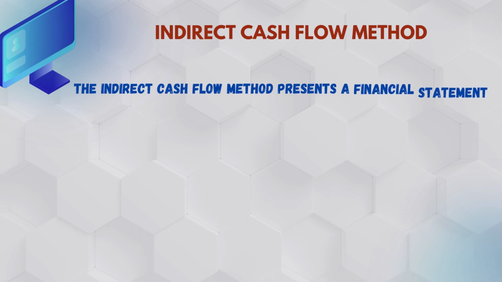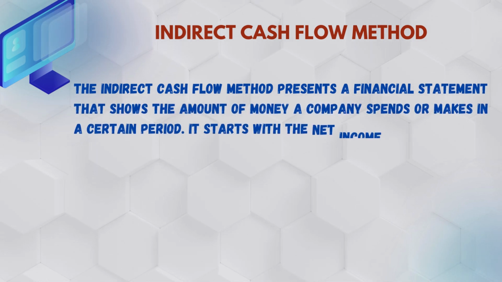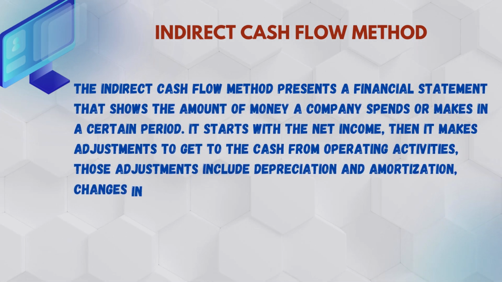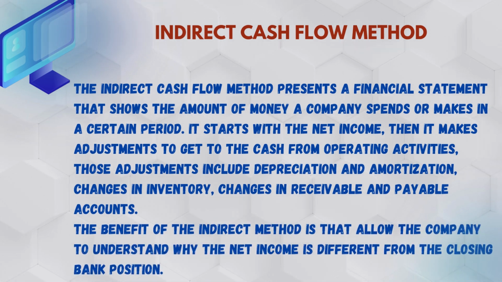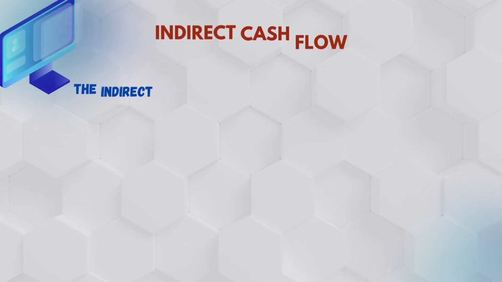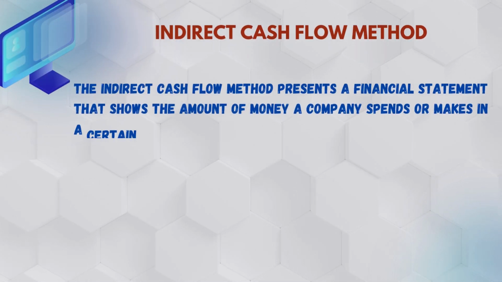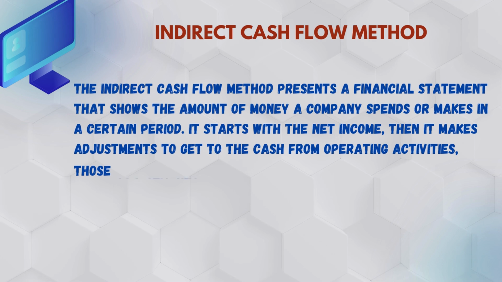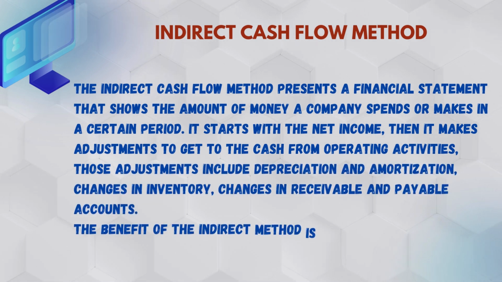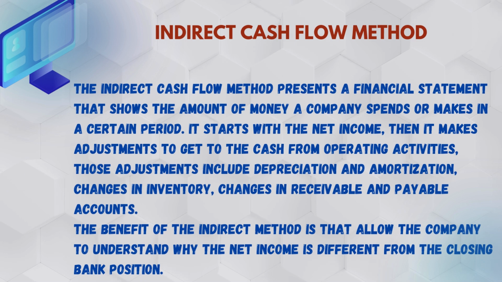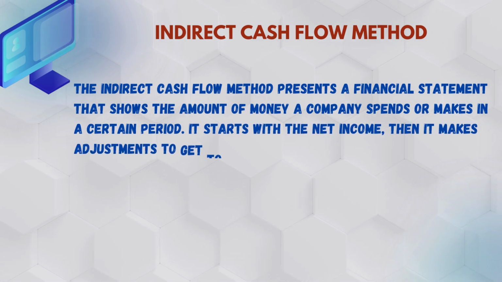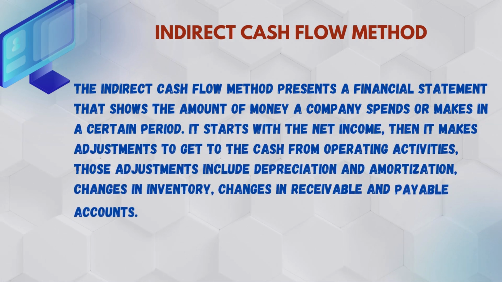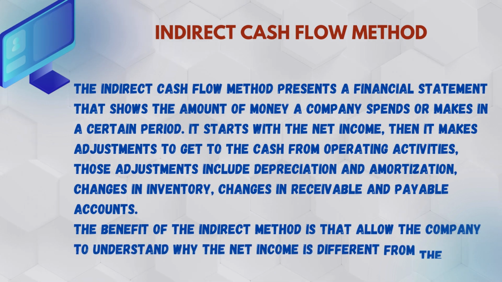The indirect cash flow method presents a financial statement that shows the amount of money a company spends or makes in a certain period. It starts with the net income, then it makes adjustments to get the cash flow from operating activities. Those adjustments include depreciation and amortization, changes in inventory, and changes in receivable and payable accounts.